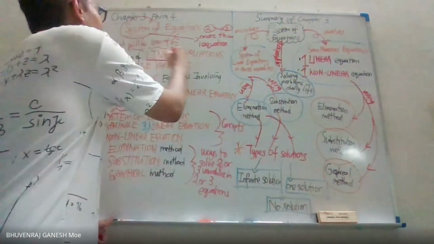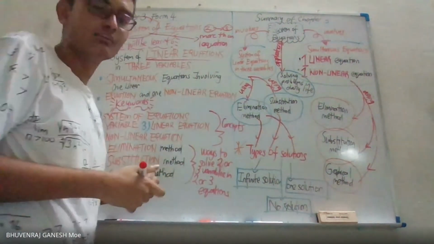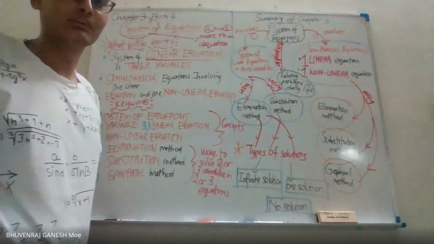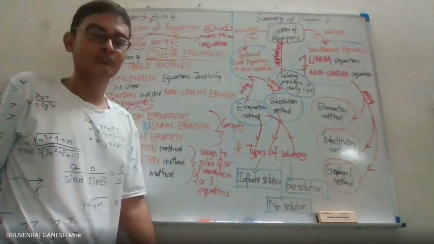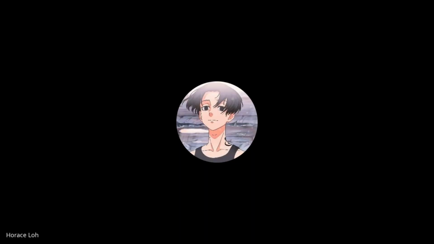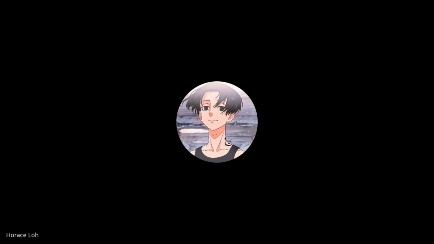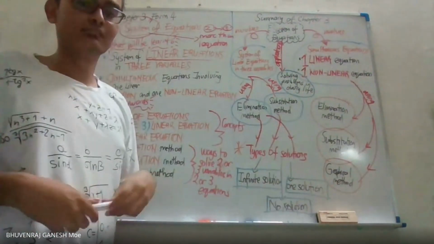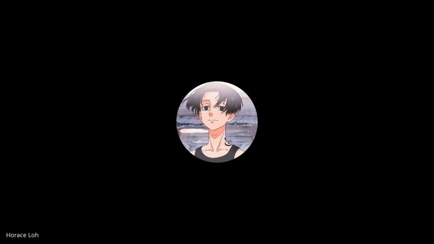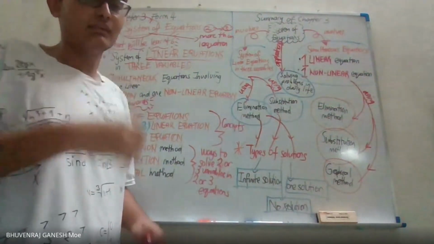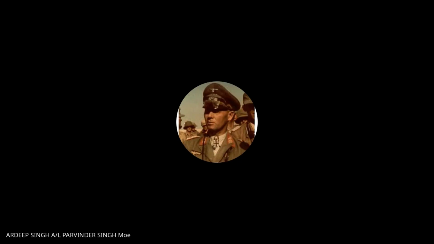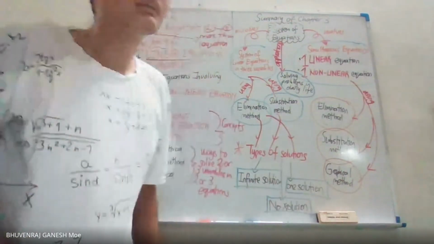So if I say linear equation, can any one of you give me an example, like a random linear equation? You can also type in the chat box any equation you like. You also can tell your own. Y equals mx plus c form. You guys can say like 2x plus y equals 4. Yeah, Aldip is correct.